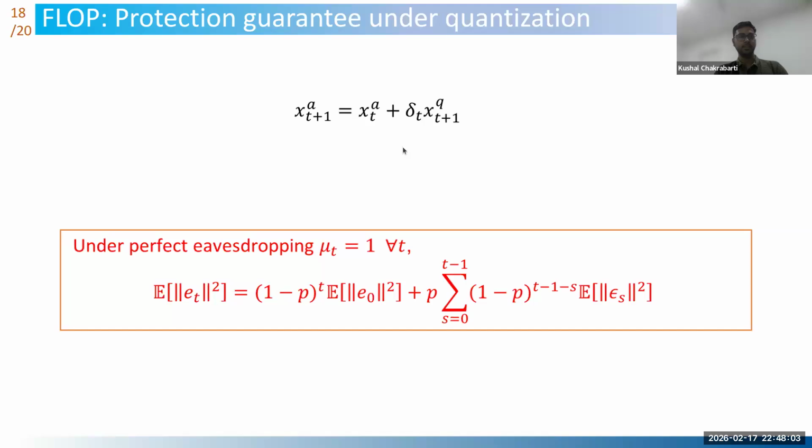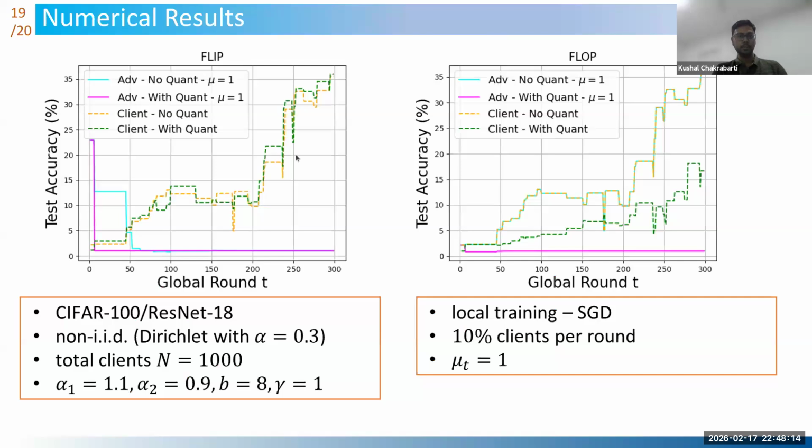So these are the theoretical results. I have just two more slides to show how this dynamic quantization works in simulation. We did a number of experiments, but here I am just showing one particular one, which is the CIFAR-100 dataset, and each client has a ResNet-18 model.